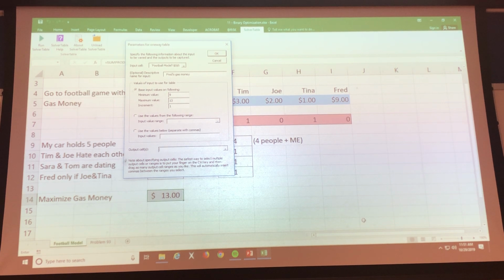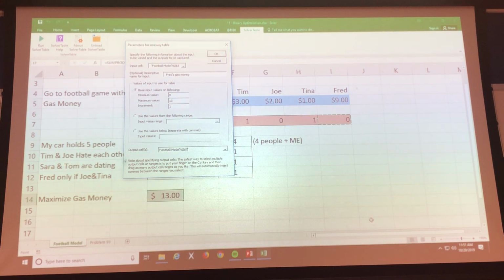And what's the output cell that answers the question of whether or not Fred's going? D14 is the money. I7. I7 is the cell that has the 0, he's not going, 1, he is going in it. So that's the one that actually answers the question.